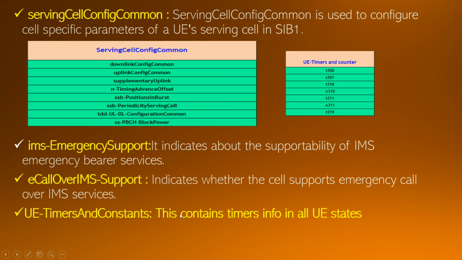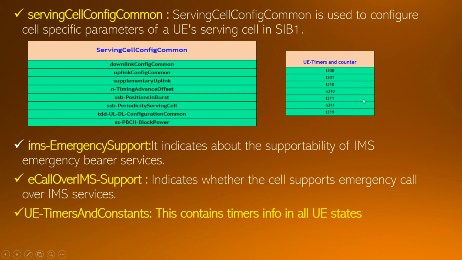UE timers and constants contains the timer information of all the UE states, whatever the three UE states we have in NR. Above we can see a table of UE timers and counters: T300, T301, T310, N310, N311, T311, T319.